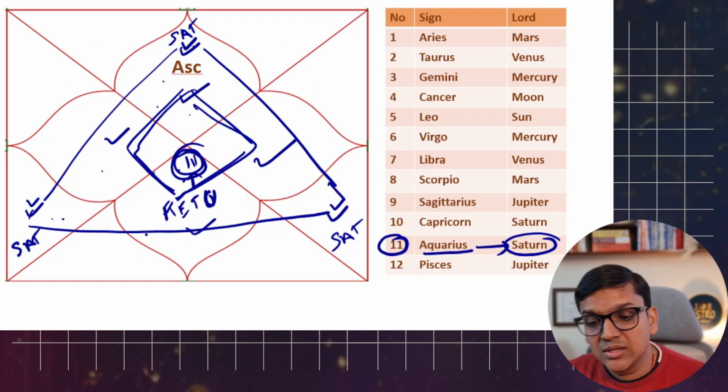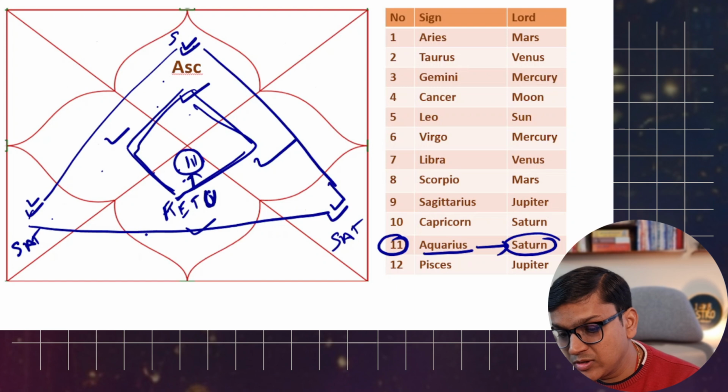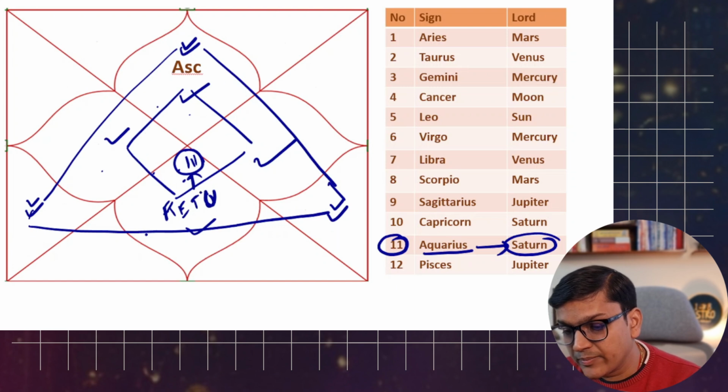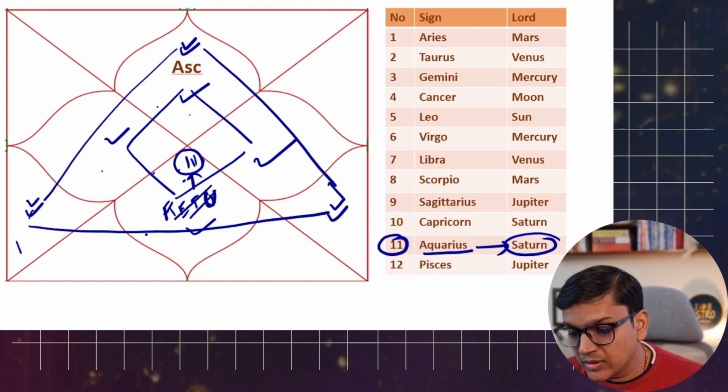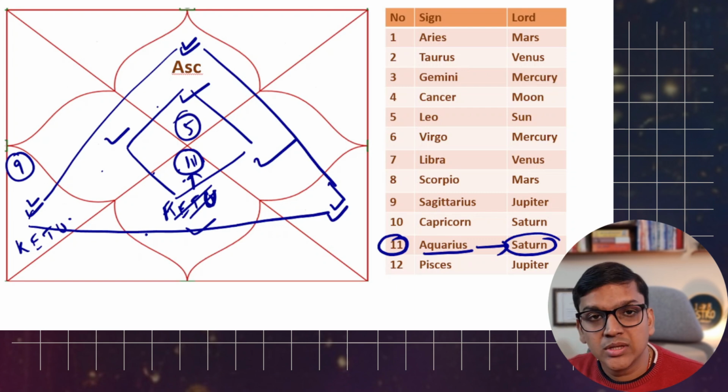Now the situation can be reversed as well. Here, if Ketu was sitting in this particular house, the number would be 9 in this case, because we were taking the Leo ascendant.